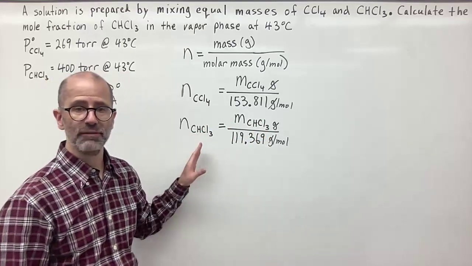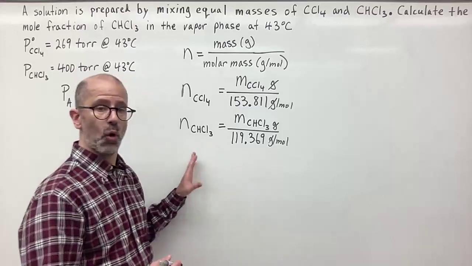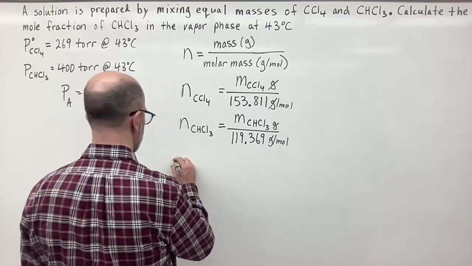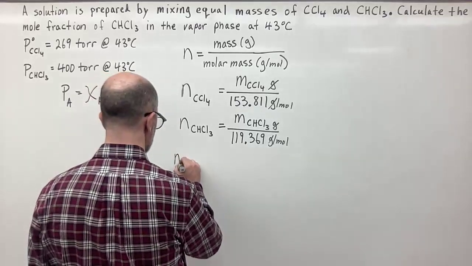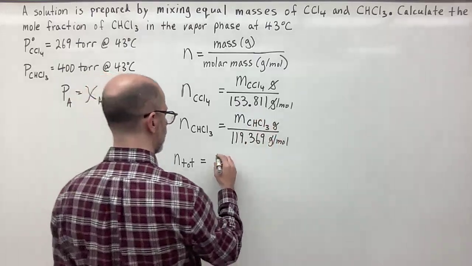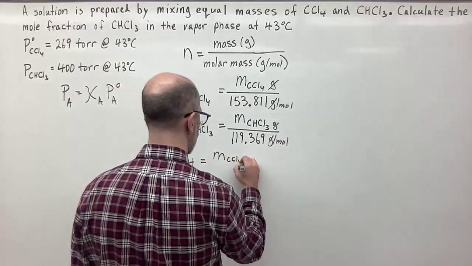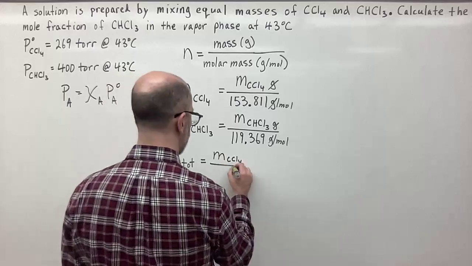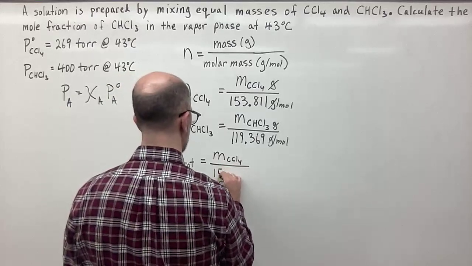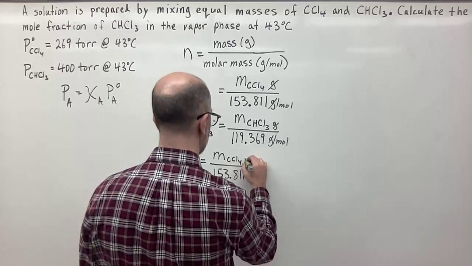Now that we have the moles, we can set it up such that the total moles is equal to these two added together. So moles total is equal to the mass of CCl4 over the molar mass, 153.811, and this is going to be moles.